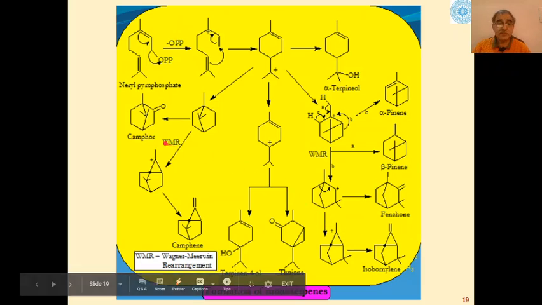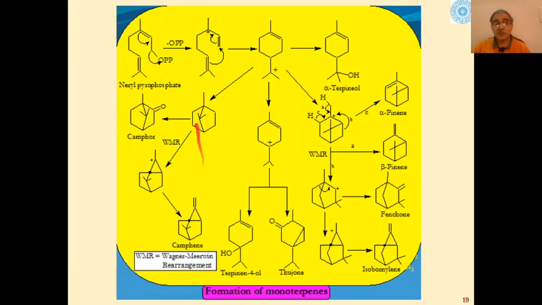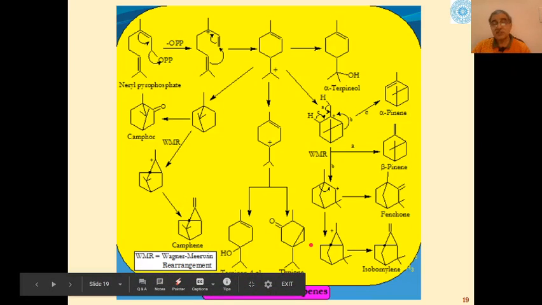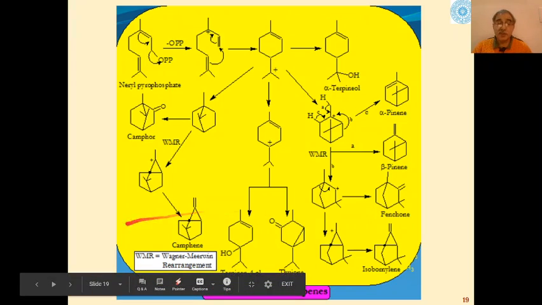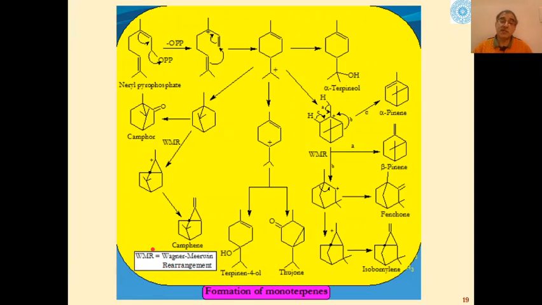isobornylene, camphor. So all these reactions take place by Wagner-Meerwein rearrangement. And Wagner-Meerwein rearrangement we have already done, that this is a carbocation type of rearrangement which takes place in case of natural products.